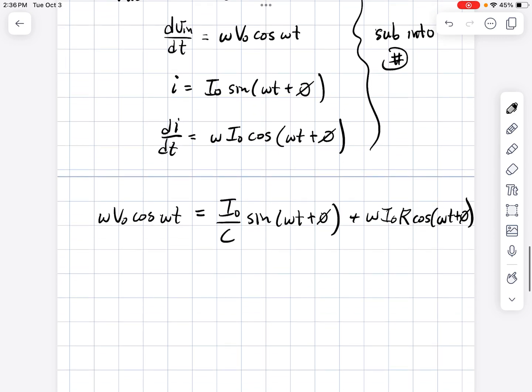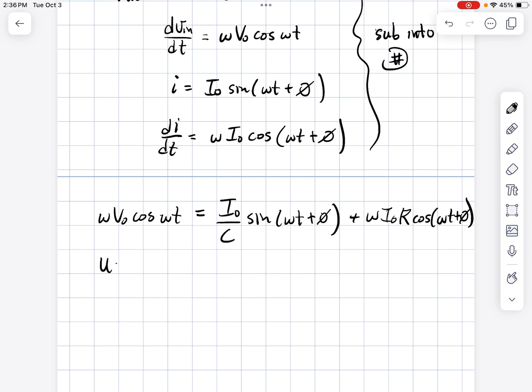Okay, the next step is, we can't really do much with this expression because we have trig functions that don't necessarily have the same arguments. So we have sine omega t plus phi, we have cos omega t, we have cos omega t plus phi. It's really difficult to do anything with this until we make use of some trig identities.